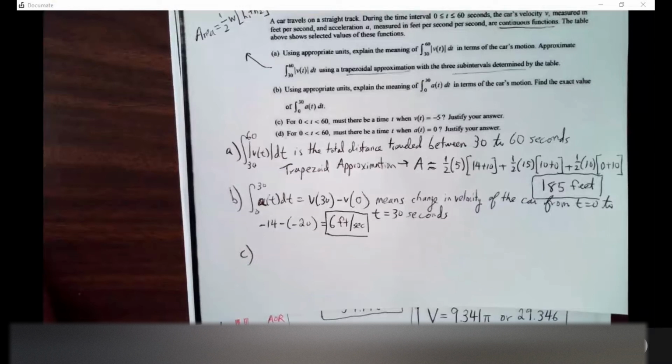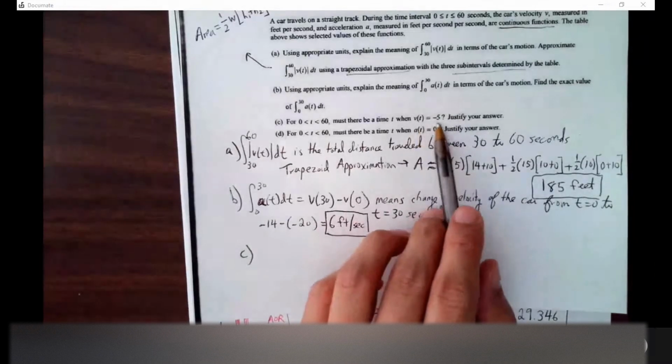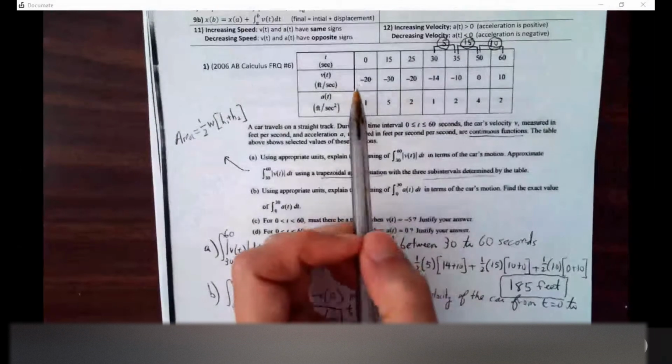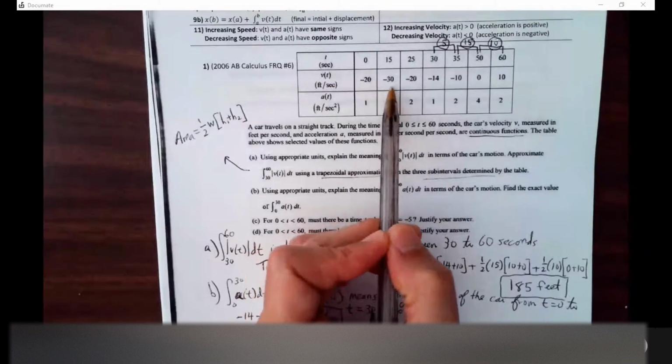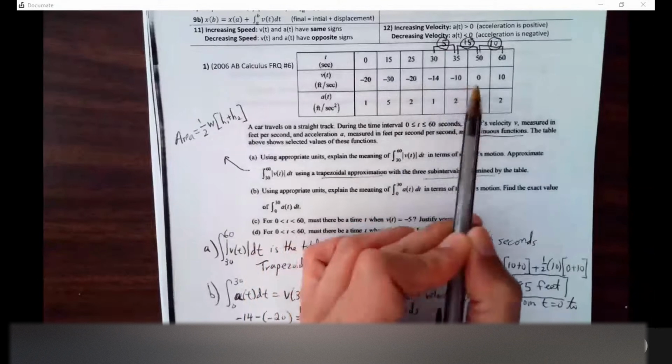Okay, part C, between 0 and 60, is there a time such that v of t equals -5? Can we guarantee a velocity of -5 somewhere in this time interval? So if we look at our velocity function, we can see what's happening, right? -20 goes down to -30, goes up to -20, goes up to -14, and eventually hits 0.